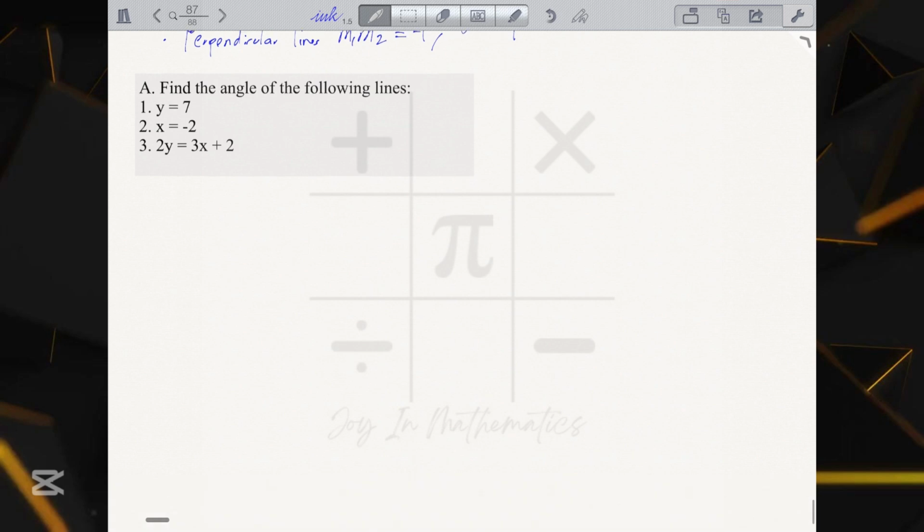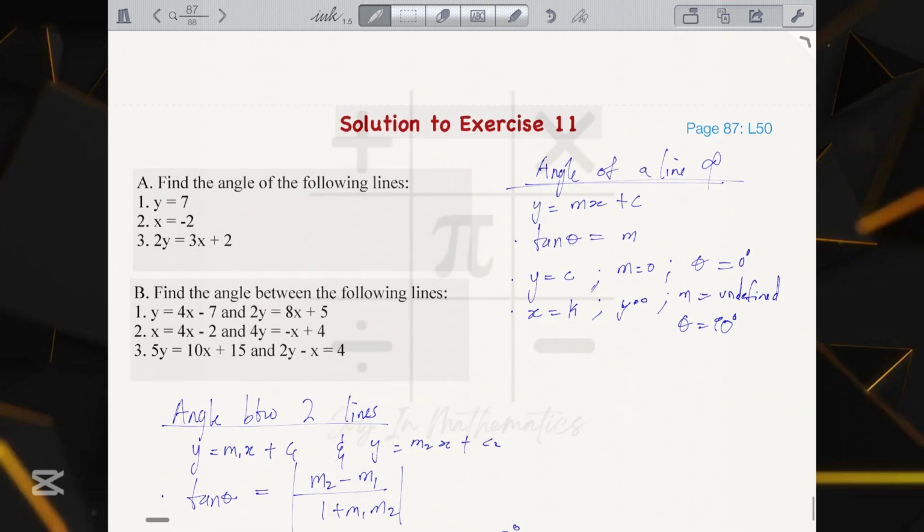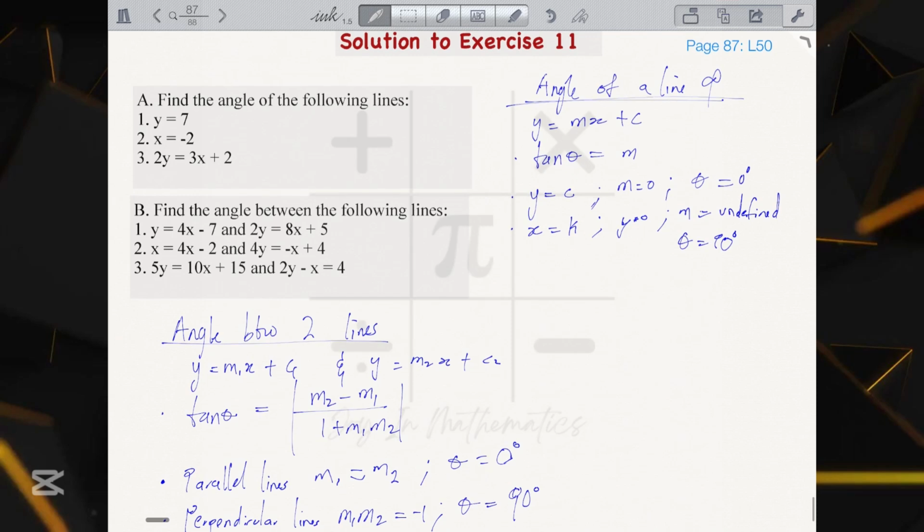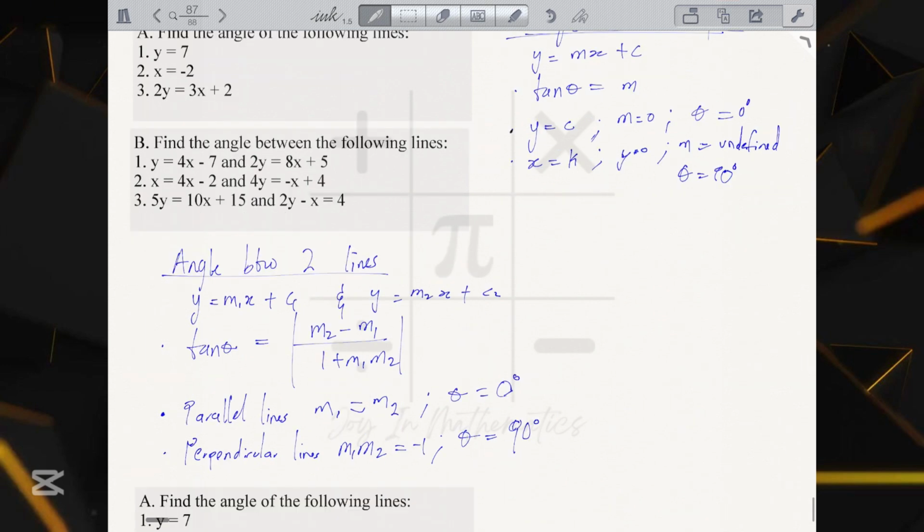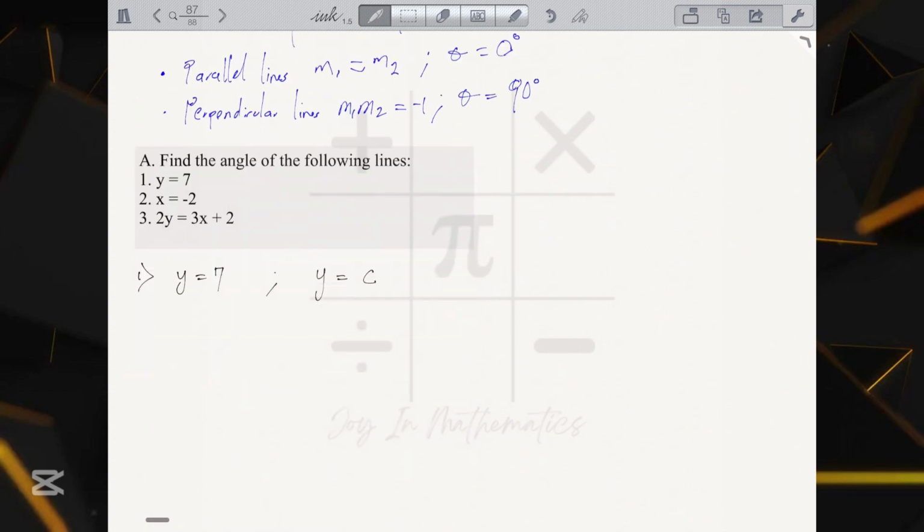Now we can see that question 1 says y is equals to 7. Now y is equals to 7 shows that it is a horizontal line of y is equals to c. And if you come back to this section, if you have a horizontal line, m is equals to 0, and if m is equals to 0, theta is equals to 0 degrees. So for this horizontal line, if you compare it to mx plus c, we can see that m is equals to 0.